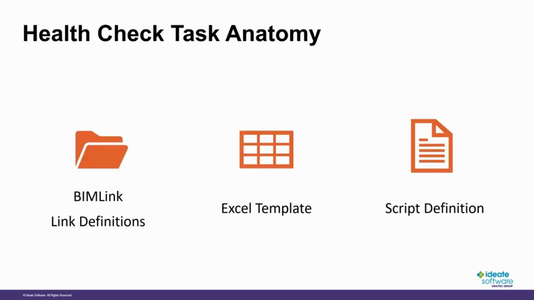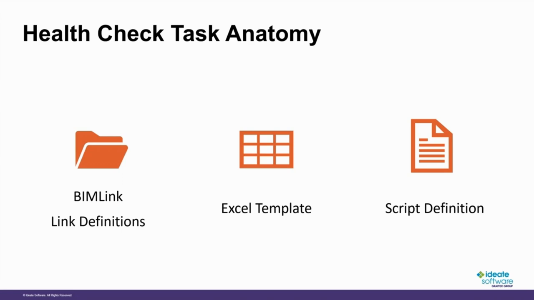Before we get into how to fully customize this document, let's talk about the anatomy of this task itself. The way Ideate Automation has set up this task, it's composed of three main components. It's first composed of the BIM link definitions. These are the link files that actually export data from our project.